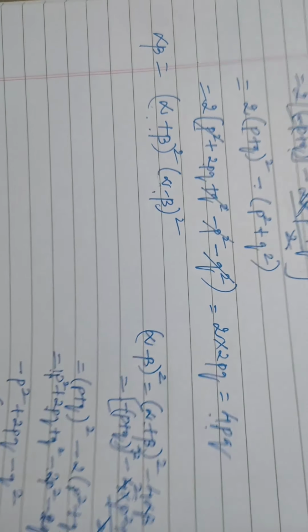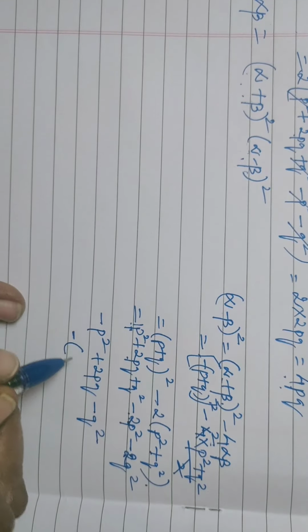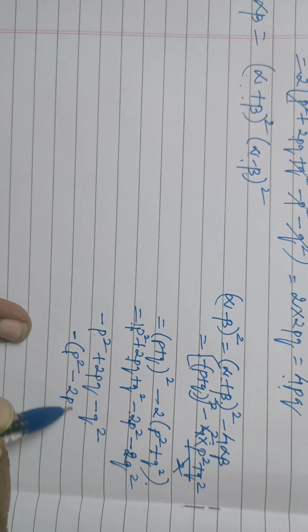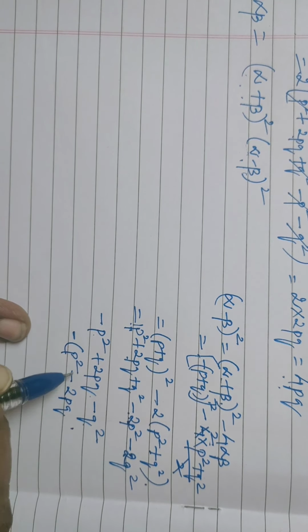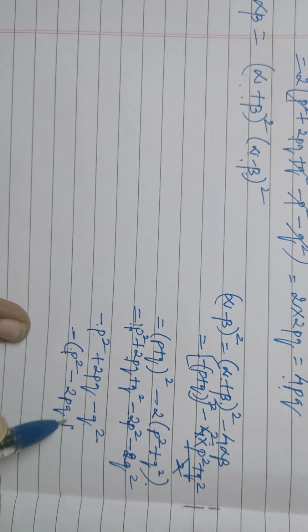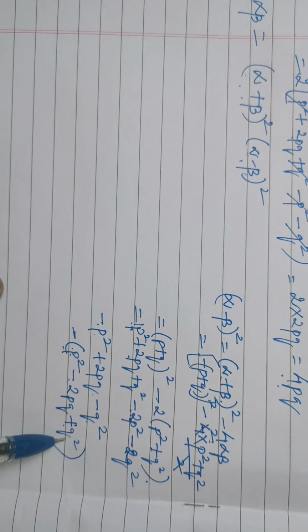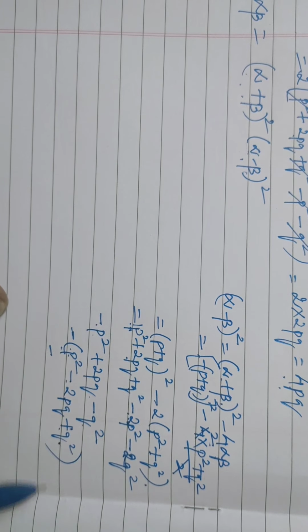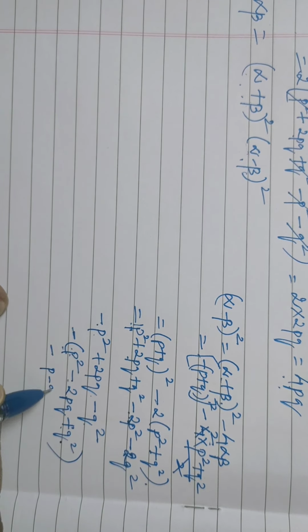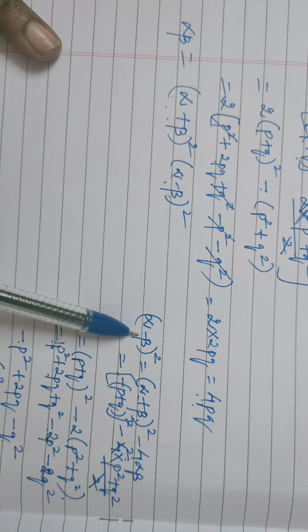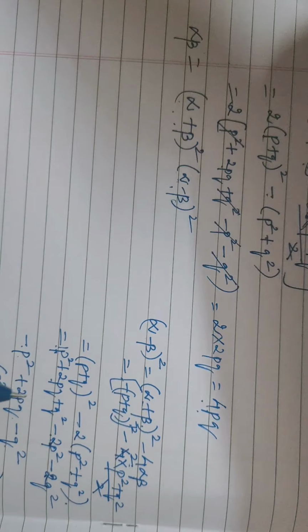If I take a minus outside, what will I get? p square, all the signs change, minus 2pq plus q square. So what is this formula? a square minus 2ab plus b square, so we can have a minus b the whole square. Similarly we can have p minus q the square. So what did we get? In the place of alpha minus beta square, we got p minus q the square.